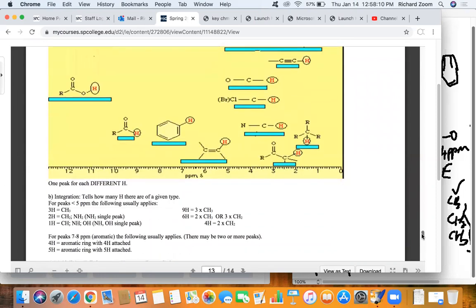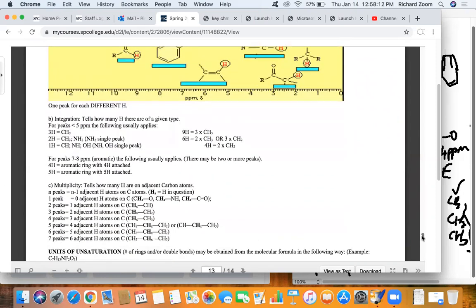Along with that, I've also got your integration chart up here, which tells you how to link the integration with the number above the peaks. And then you've got multiplicity, which tells you how many peaks are equivalent to how many adjacent hydrogens, and gives you suggestions on how to interpret that as well.